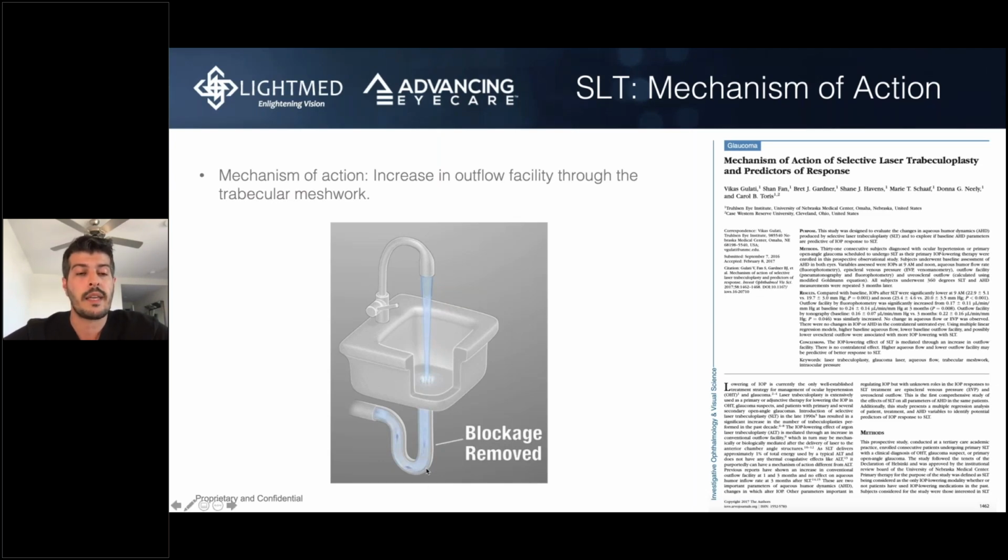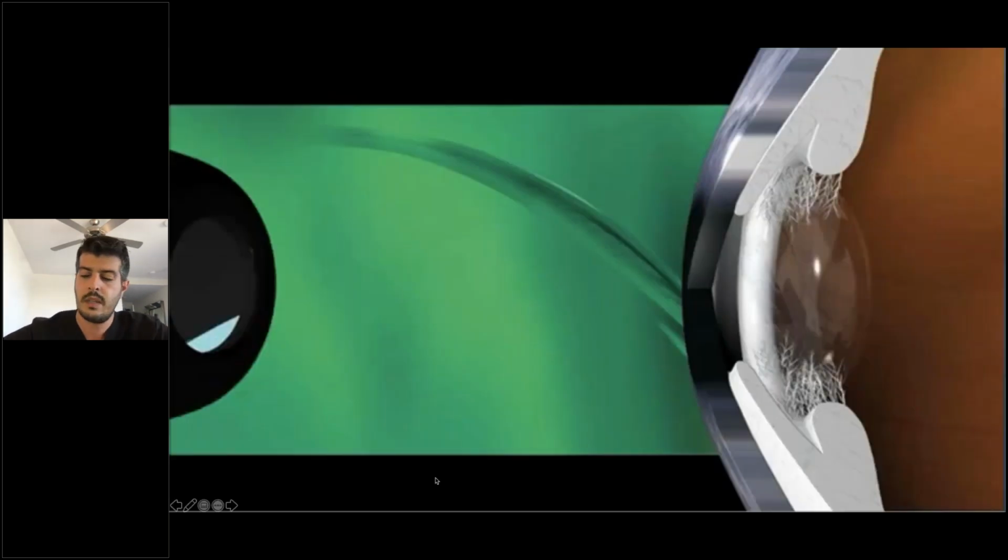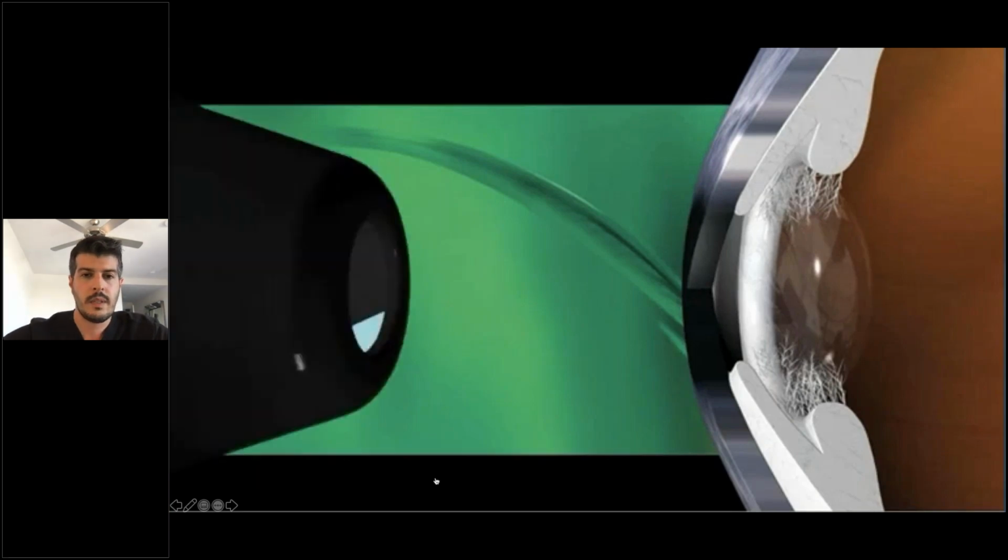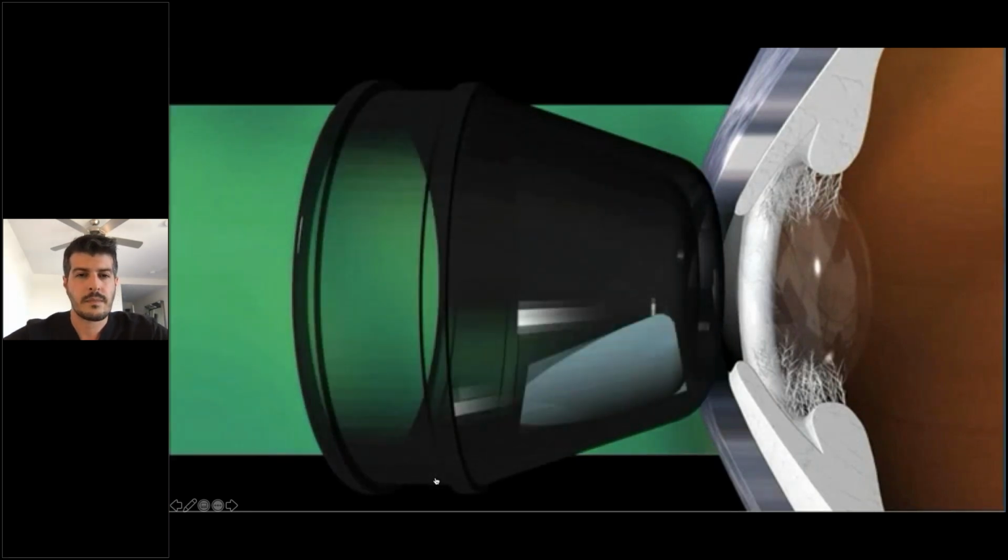If you've already removed the blockade, maybe you can use an eye drop or another procedure that's going to suppress the amount of fluid production, as opposed to doing another procedure that was just going to remove the blockade, which we've already done with the SLT. So it's important to know the mechanism of action. Here's a nice animation on SLT.